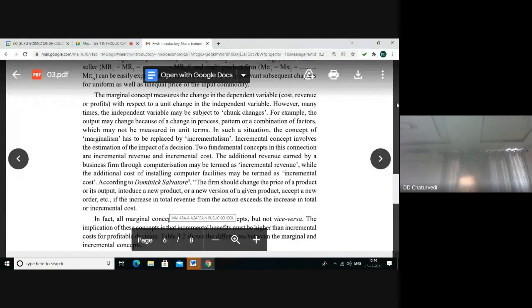In case of marginal concept, we change the dependent variable, say cost, revenue, or profit, by unit change in the independent variable. So here the change in dependent variable, say cost, revenue, or profit, with respect to a unit change in the independent variable is considered.